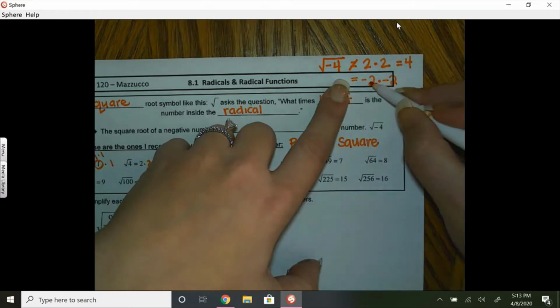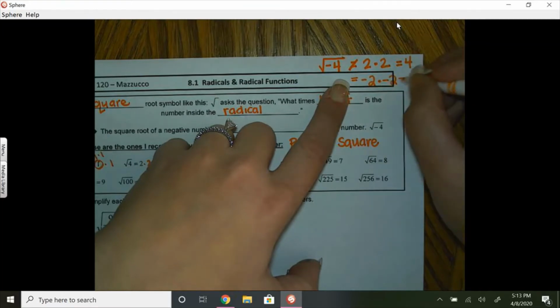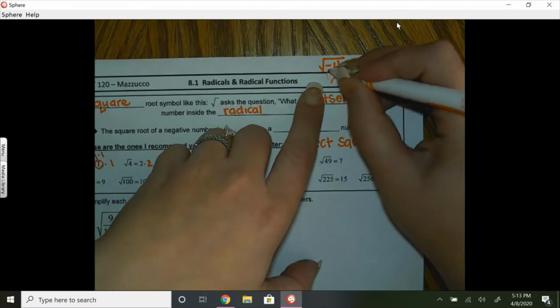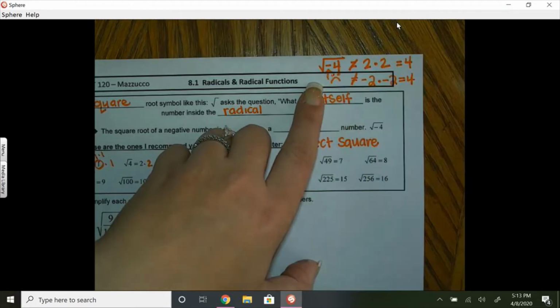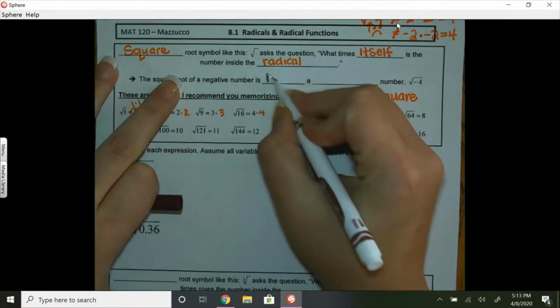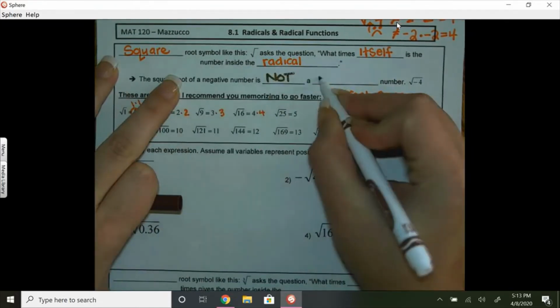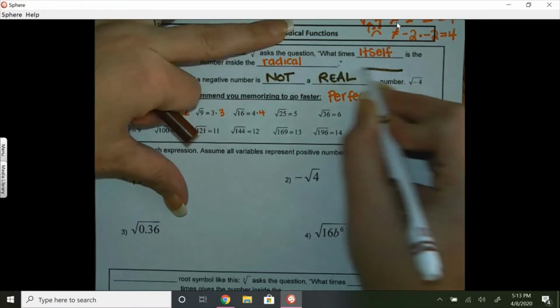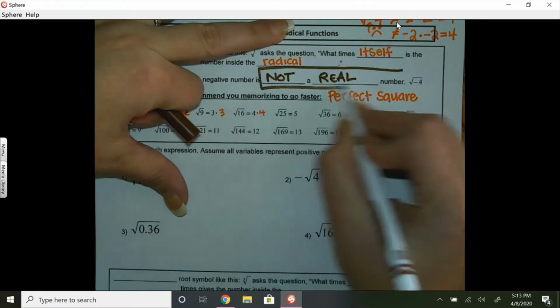So -2 times -2, that's also 4, so that wouldn't work. So you can't have a negative inside if it's a square root. So the square root of a negative number is not a real number. So that's what we would write in this section.